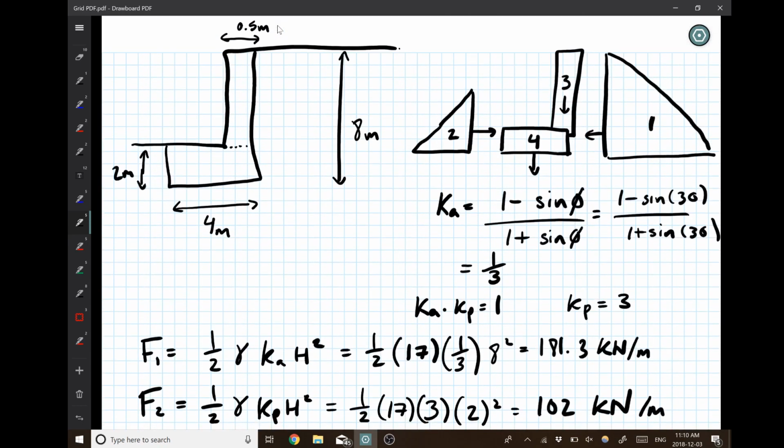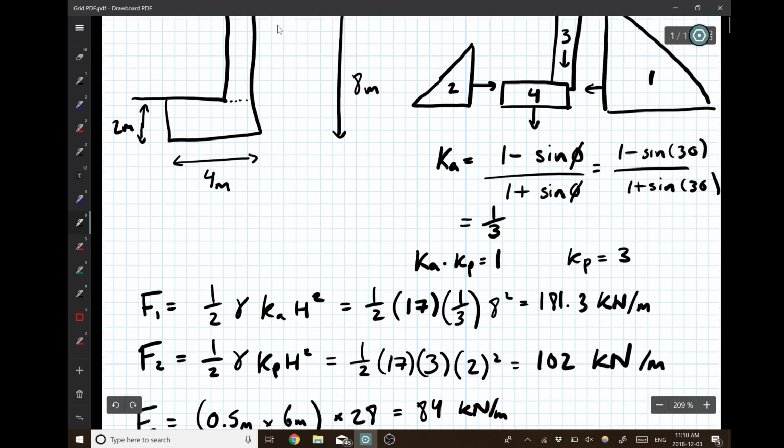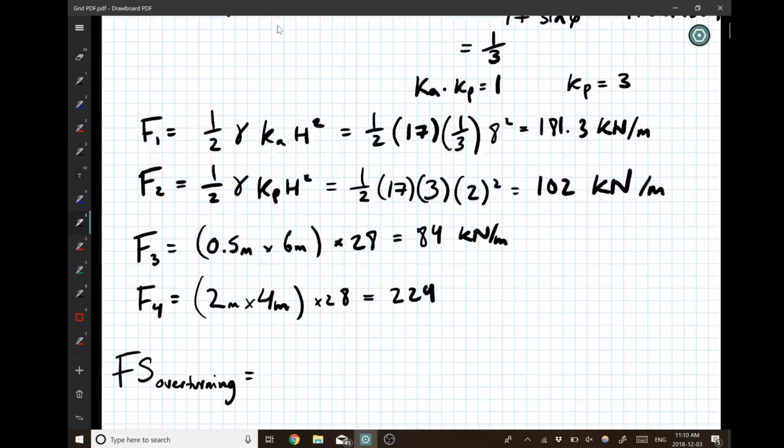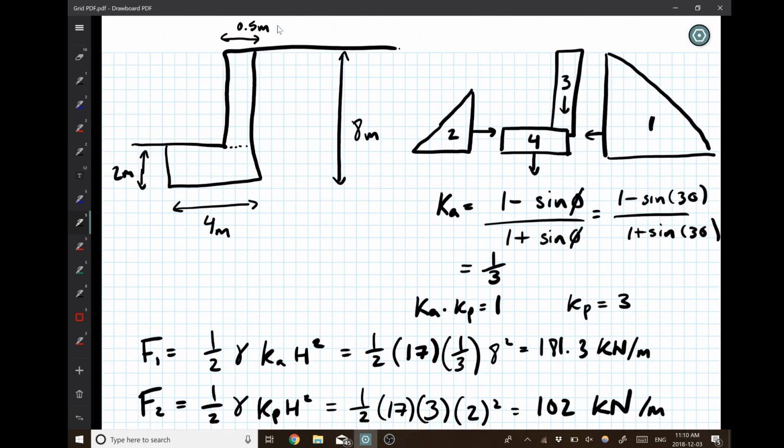So when you look at our diagram up here, you can see that force 2, 3, and 4 are acting in a clockwise direction, and force 1 is acting in the counterclockwise direction. Since we know that the retaining wall won't be overturning this way because there's all this soil here, so it's impossible for it to fall into the ground.